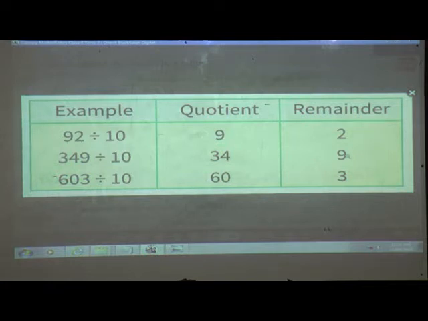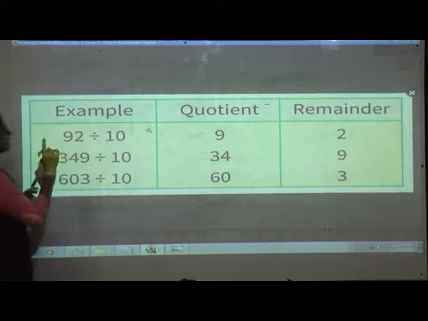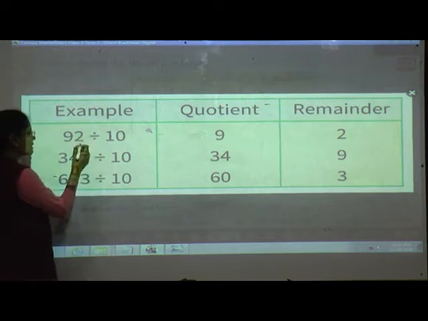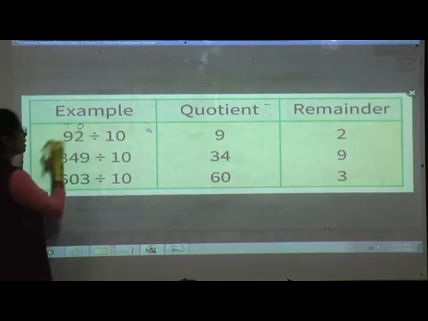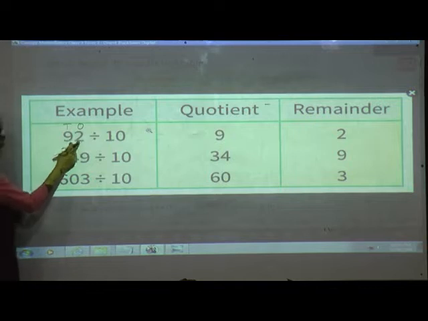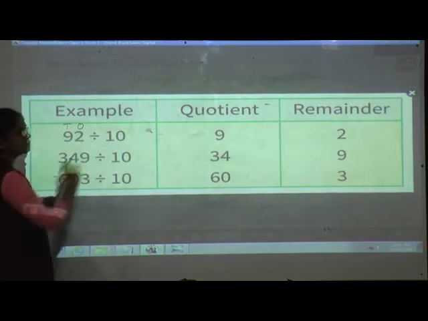What do you notice then? Try to understand. If we divide by 10, then the digit in the ones place of the number is the remainder. See here, this is tens and ones. The number at the ones place should be the remainder.